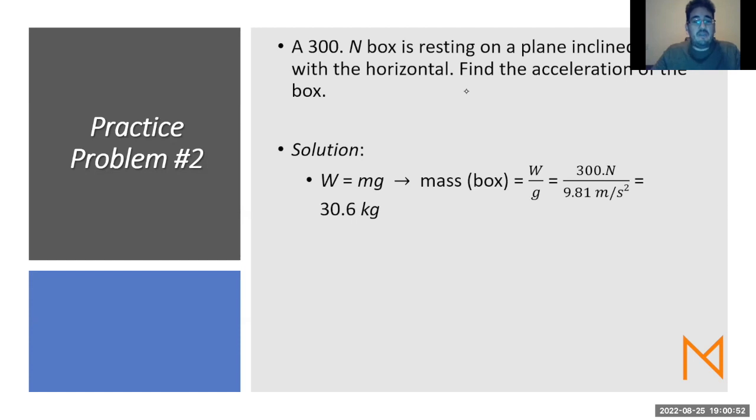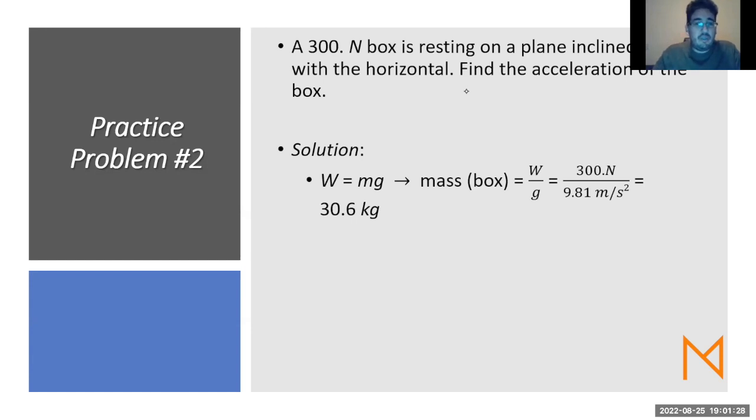So if you know the weight of your box is 300 newtons, and you know that the force of gravity is always 9.81 meters per second squared, when you divide these two out, you can get the mass of your box, not the force acting on the box, which is your weight, which is a vector, but you can actually figure out the mass of the box just by knowing these values here. So when you solve for this one, you should get 30.6 kilograms as the mass of your object. Just divide the weight, which is the force 300 newtons, by the force of gravity, which is an acceleration, and you should get 30.6 kilograms for the mass.